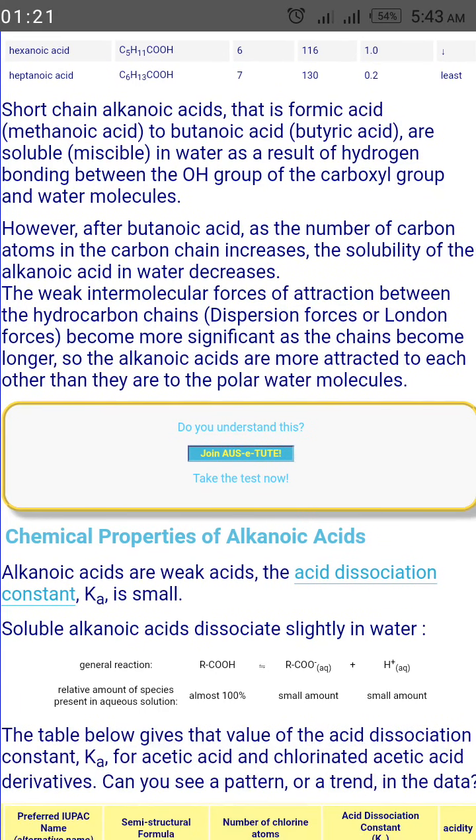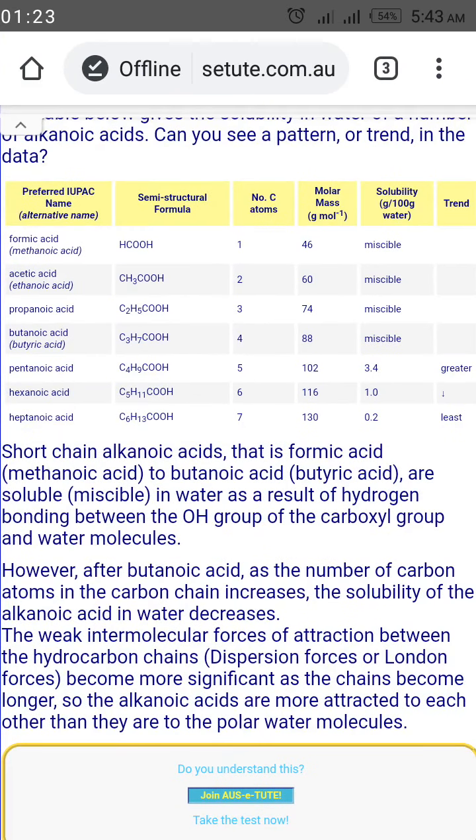So you have to get that from methanoic acid to butanoic acid, the solubility of alkanoic acid in water is the greatest. You can attain the optimum solubility of alkanoic acid in water at pentanoic acid. So pentanoic acid is the boundary where you can attain optimum solubility. As the carbon chain increases from hexanoic down, the solubility decreases. Note that, please.